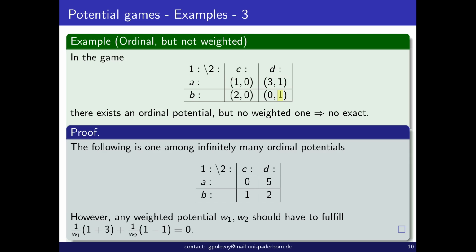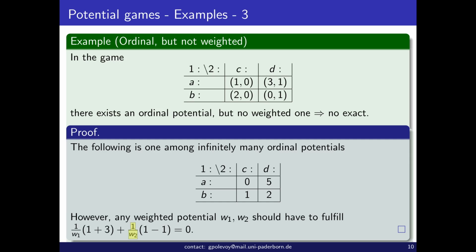And the other change is when, because we look at this counterclockwise circle, the second player changes from AD to AC, then the utility of the column player changes from 1 to 0. So in total, one time it grows from 0 to 1, so it grows by 1. Another time it goes from 1 to 0, it decreases by 1. So it's 1 minus 1, divided by the weight of the second player. And that should be equal to 0.